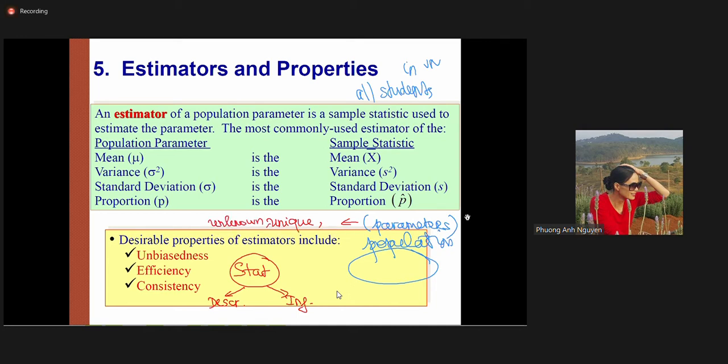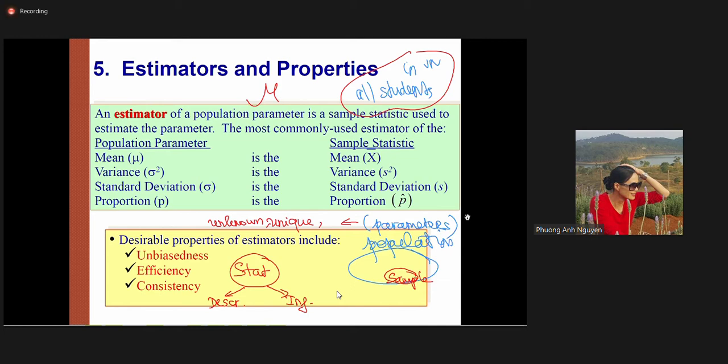Unique, but unknown. For example, if I am interested in the average age of all students in Vietnam, we call it mu, the average age. I know that this value exists, but it's very hard to know the true value of mu. So mu is unique, but unknown. Because it's impossible to work with the population, I take a sample, for example a sample of 200 students.